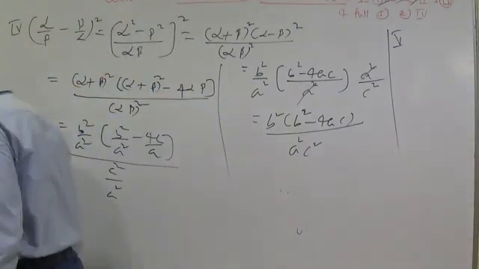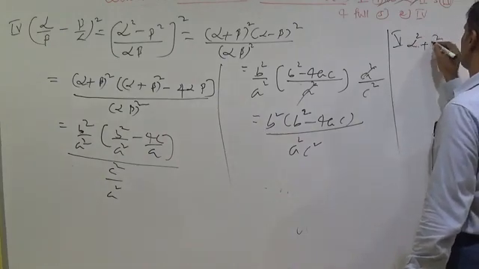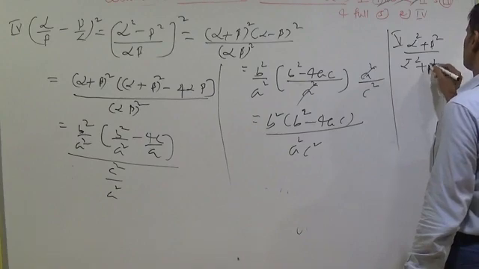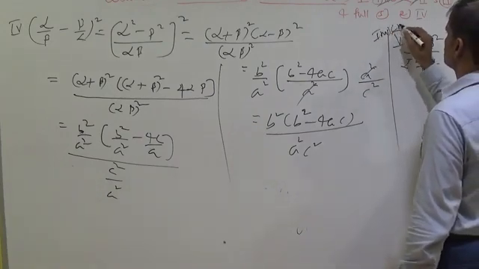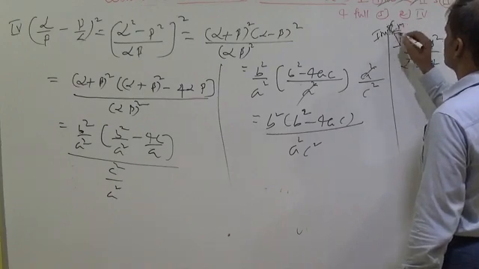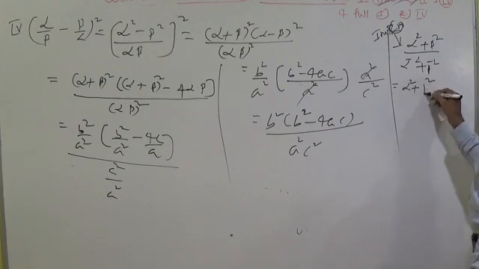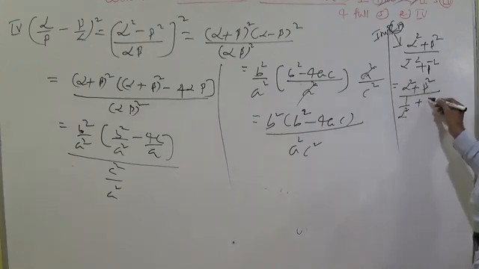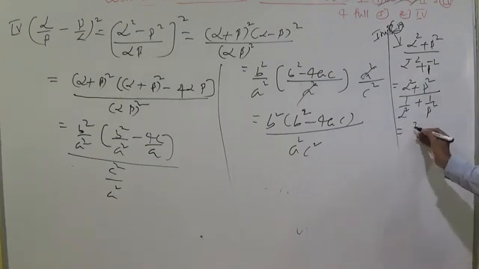Alpha square plus beta square by alpha power minus 2 plus beta power minus 2. This is a separate 2 marks IMP question. You can write here alpha square plus beta square by the reciprocal, which you can understand as 1 by alpha square plus 1 by beta square.